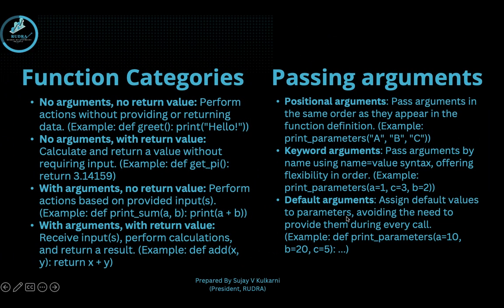And we have the default arguments where we can assign default values to parameters, avoiding the need to provide them during every call. Sometimes we can pass the arguments and even if they are not passed, we would have the default values to rescue us.